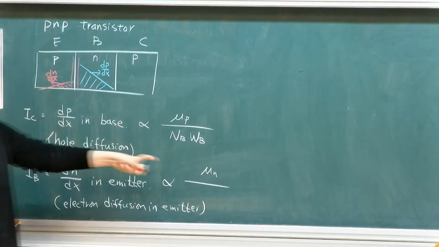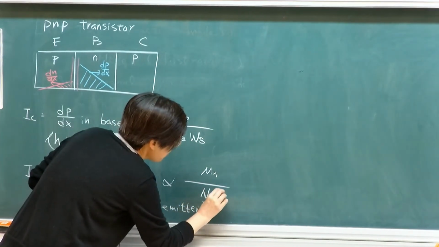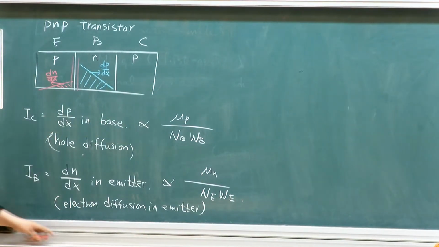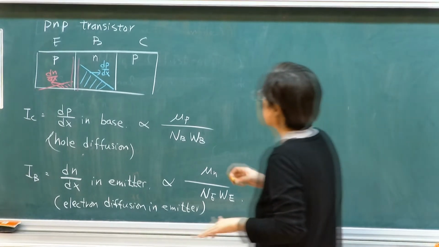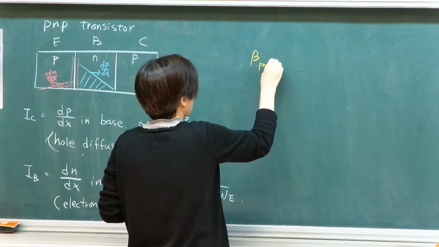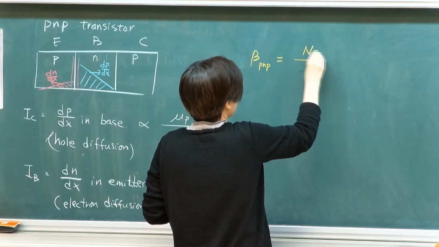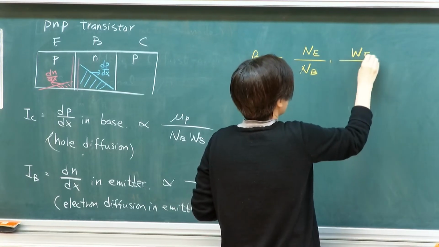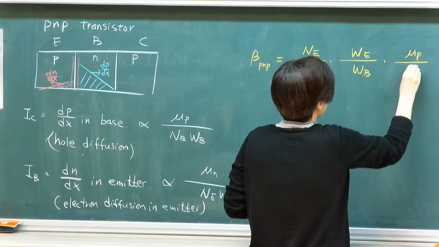Therefore, it is proportional to its mobility because it's electron current, and inversely proportional to emitter doping and emitter width. Okay? So the current gain for a PNP transistor will be the ratio of NE over NB, WE over WB, mu P over mu N.